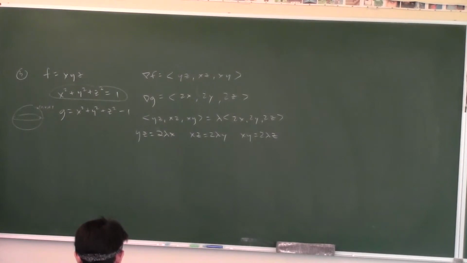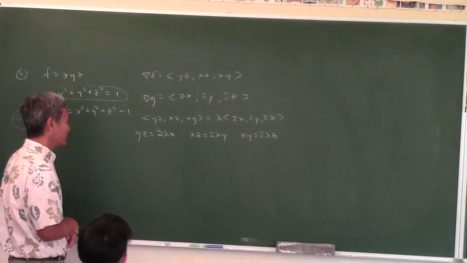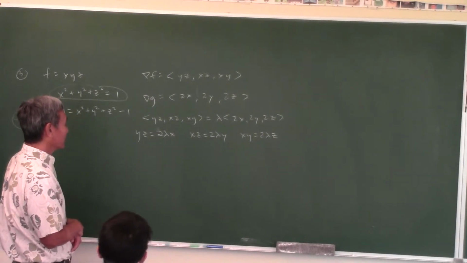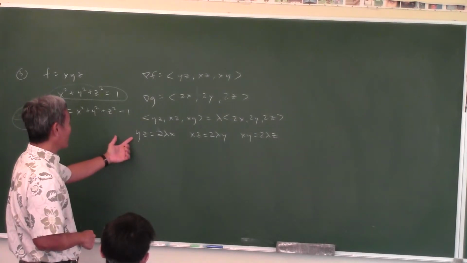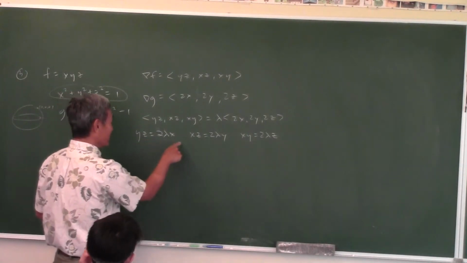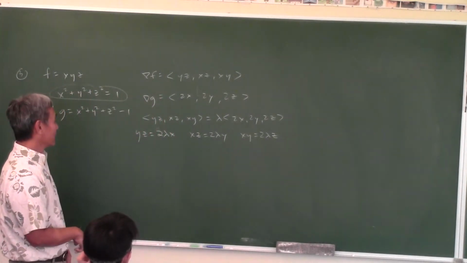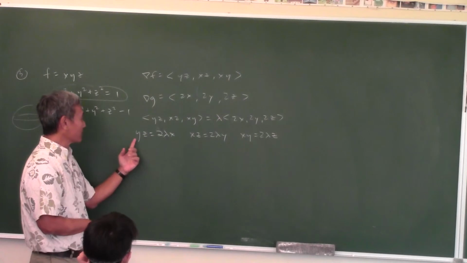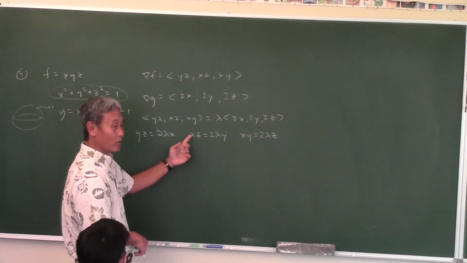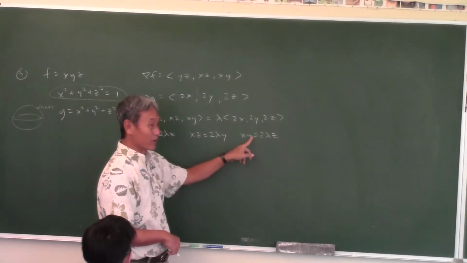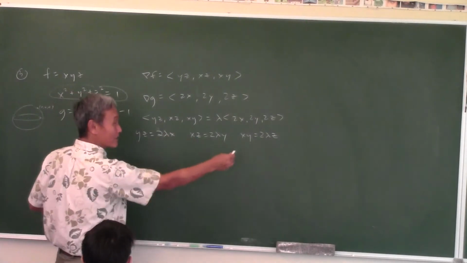Does anybody see a way? Solve for lambda. I guess you could do that, but how about, for example, this is yz, this is xz, this is xy. Multiply the first one by x, multiply the second one by y, multiply the third one by z, that way you have xyz, xyz, so you can equate the right sides of the equation.